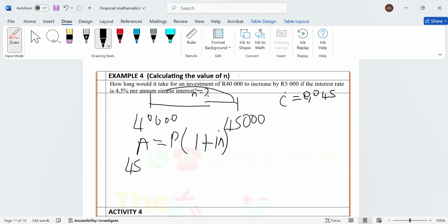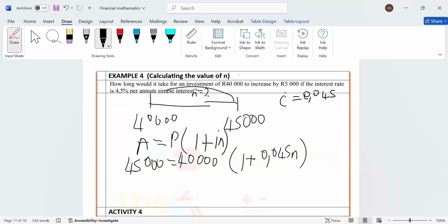What is our principal amount? 40,000. So it's 1 plus 0.045 N, and from here onwards, we want to get N.